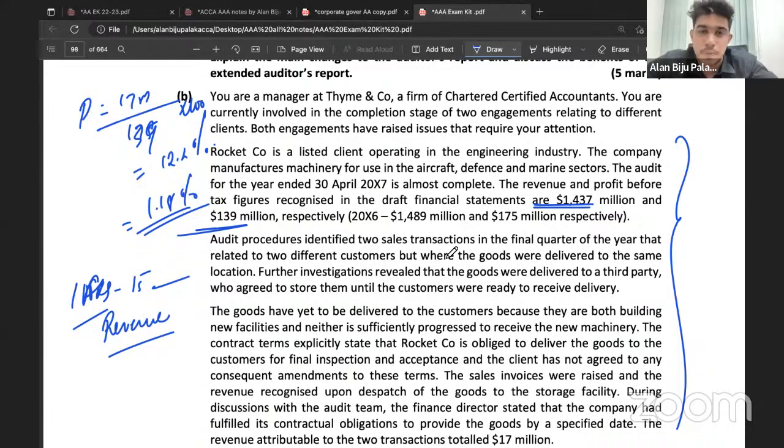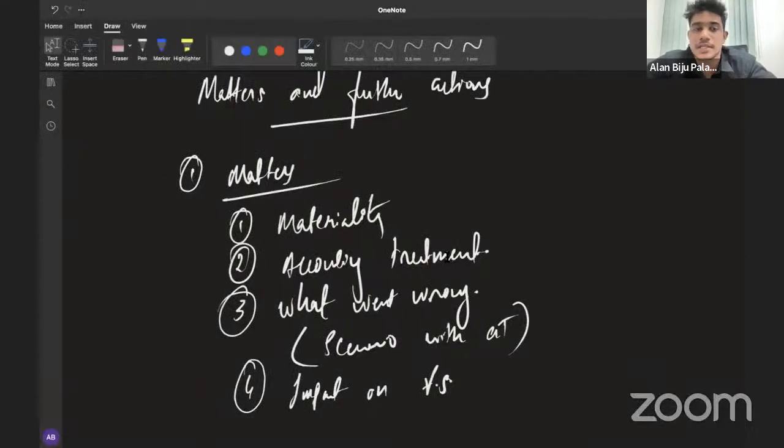Since both performance obligations are not yet satisfied, the 17 million cannot be recognized within the company's revenue and should only be recognized as part of deferred income. Since it has already been included within the revenue, the company's revenue is overstated by 17 million and the deferred income is understated by the same amount. So this is what you need to explain regarding the matters.